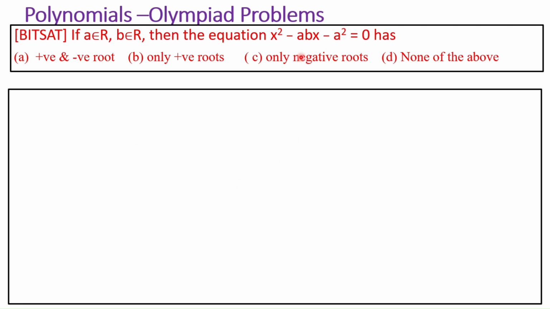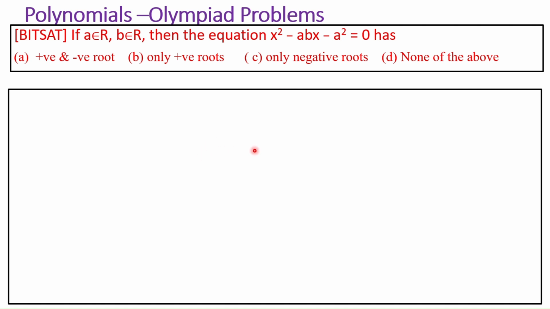If a, b are real numbers, then x square minus abx minus a square equal to 0 has what kind of roots? The options are positive and negative, only negative, none of the above. Nothing else is given except that a, b are real numbers. So how to go about it?